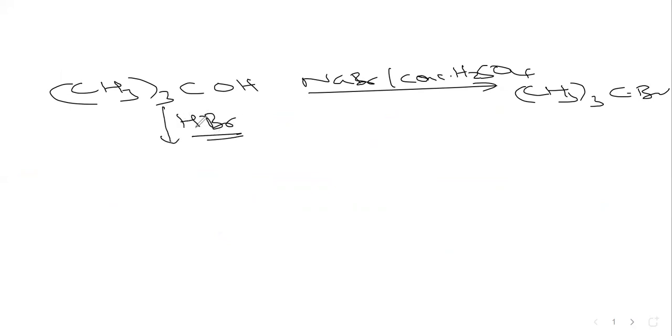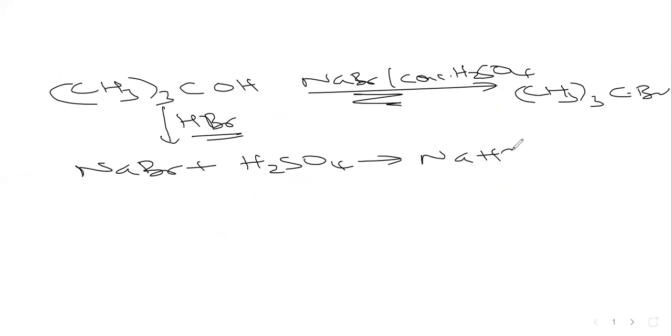But hydrogen bromide is usually prepared in situ by this reaction. The reaction between sodium bromide and conc sulfuric acid will give me sodium hydrogen sulfate and hydrogen bromide, which comes and reacts with this alcohol to form the bromoalkane.